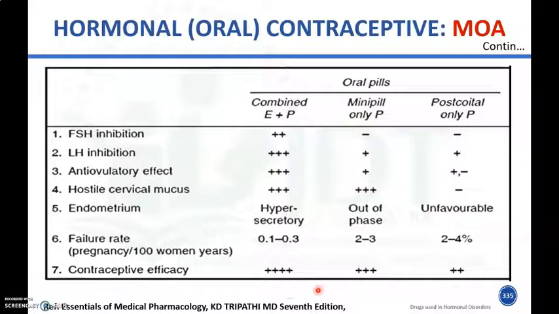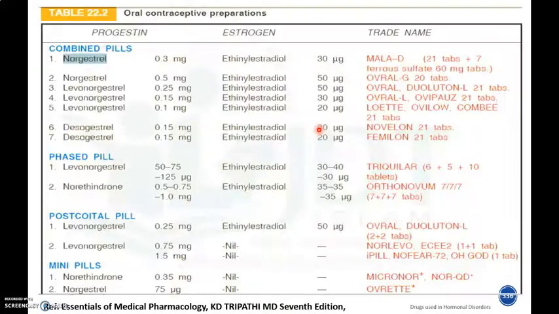So we can conclude that the oral contraceptive efficacy of the combined pill is more when compared to the mini pill and the postcoital pill. So the combined pill is the safest oral contraceptive pill, using a combination of estrogen and progesterone in a fixed dose for 21 days.